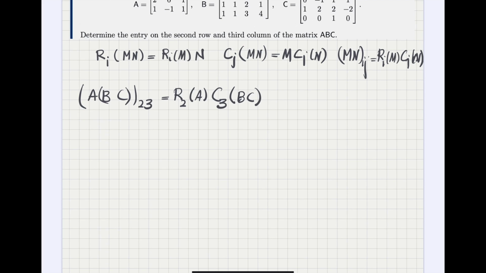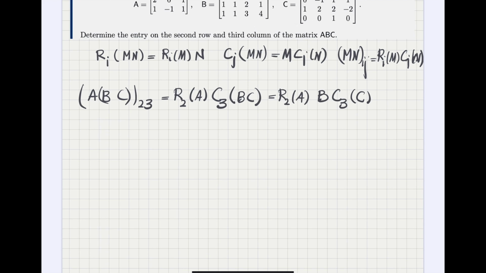Now this is the third column of a product. I use the middle one. So this gives me the second row of A, and then the whole matrix B multiplied by the third column of matrix C.